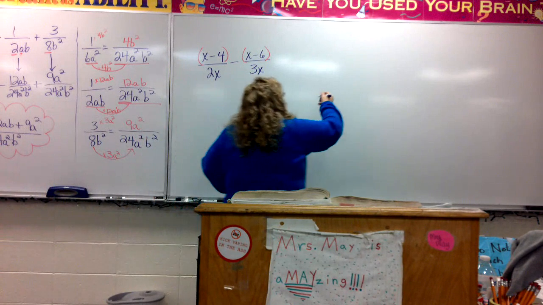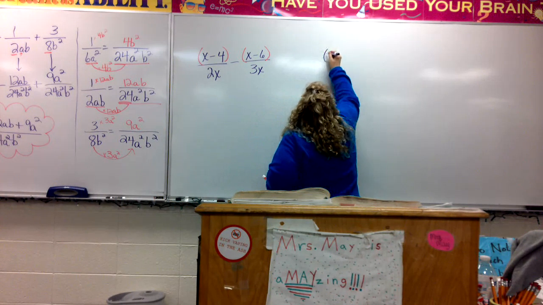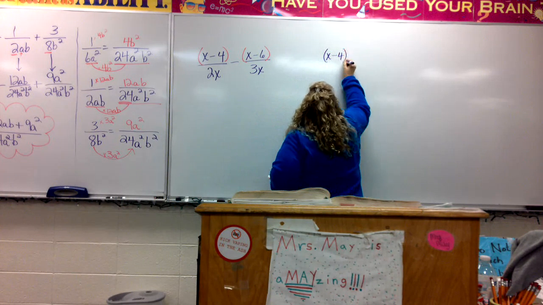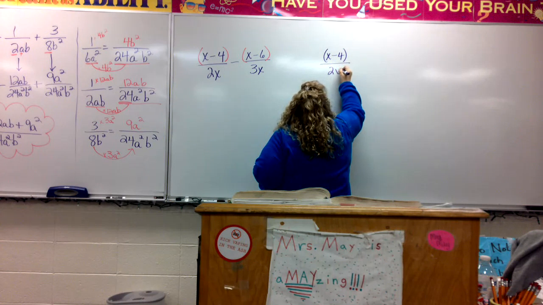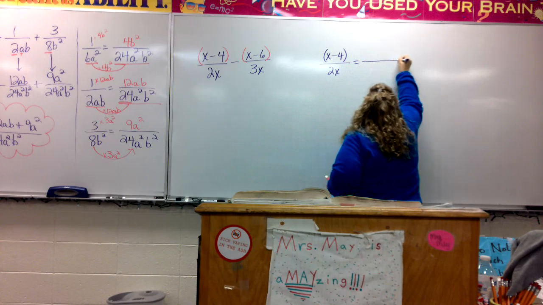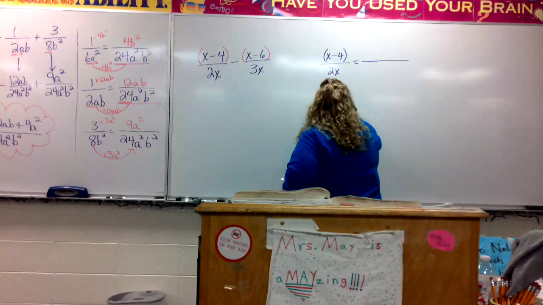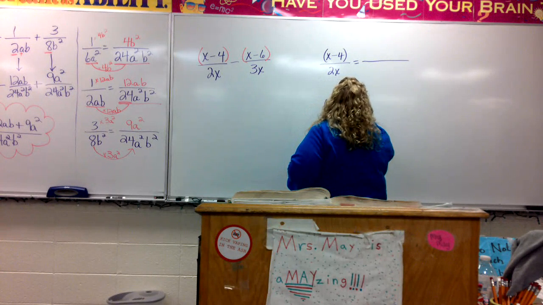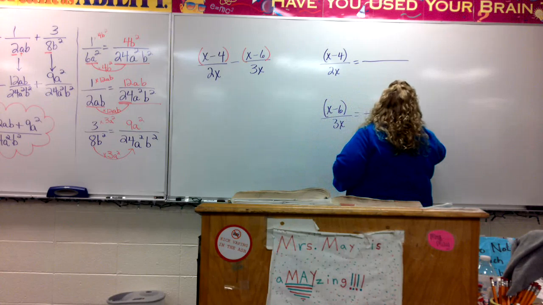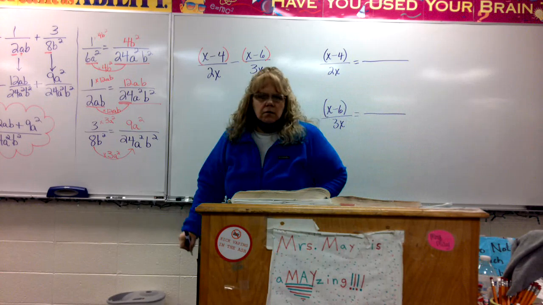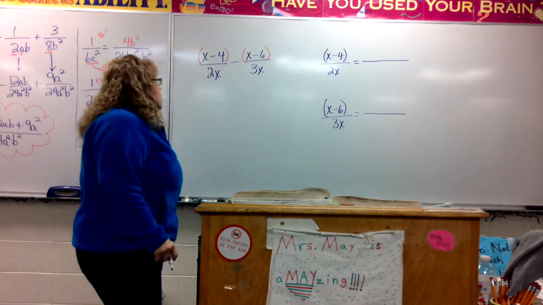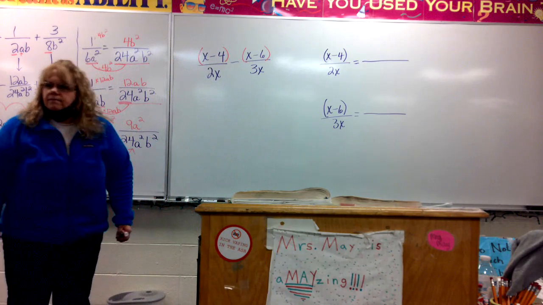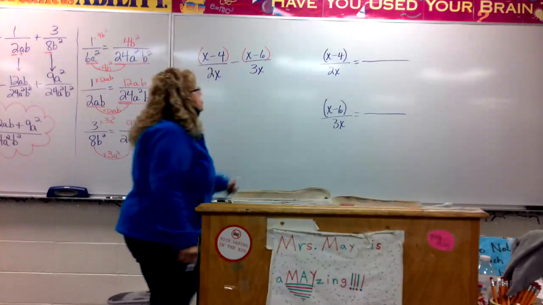Well, I'll give you a minute while you're trying to figure out. I've got an x minus 4 over 2x. And I've got an x minus 6 over 3x. Well, I've got a 2 and a 3.